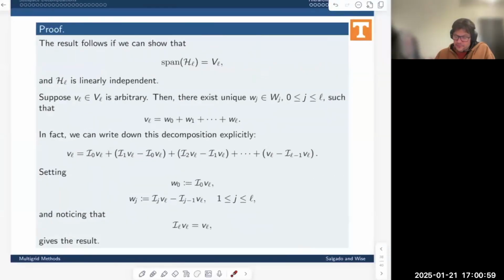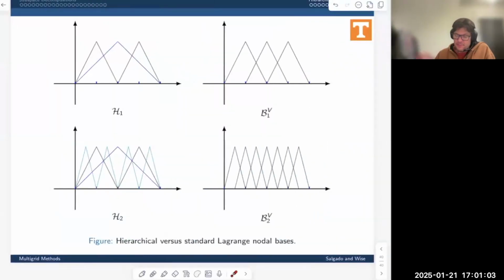So I'm not going to do the proof. The proof is something we've done already. But I think that the picture does more justice to the proof than the actual words do. So, for example, here's the hierarchical basis compared to the standard Lagrange nodal basis for V1.